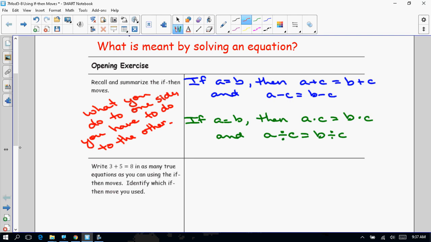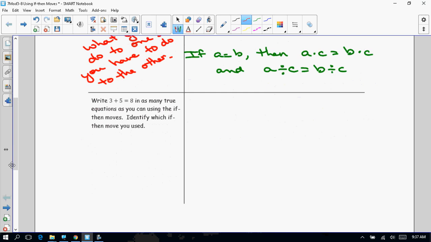Okay, so let's take a look at 3 plus 5 equals 8. We know that that is a true statement, and let's just use it. If 3 plus 5 equals 8, then, and now let's just pick a number, I'm going to say my C is 4, just to make my life easy.